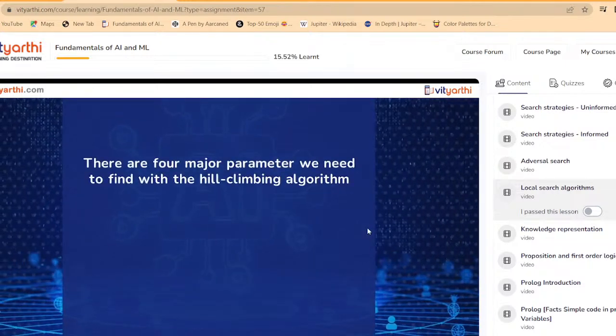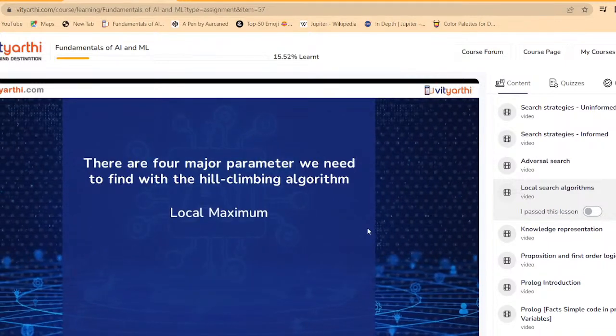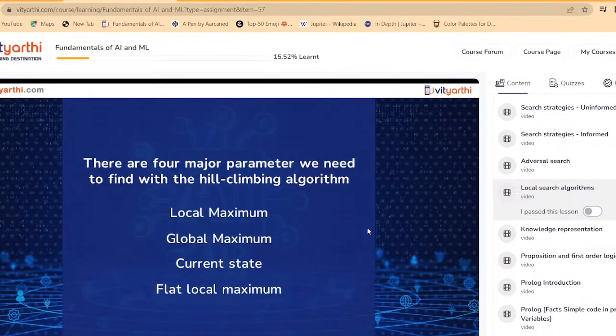There are four major parameters we need to find with the hill climbing algorithm: local maximum, global maximum, current state, and flat local maximum. The first one, local maximum.